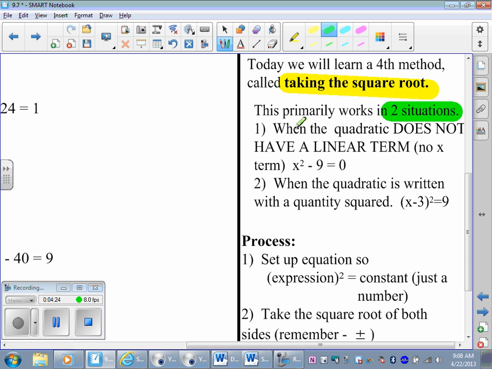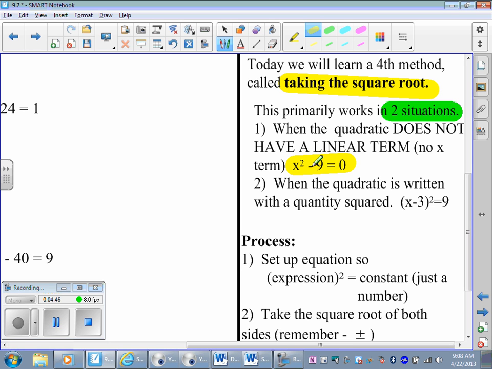One of them is when the quadratic does not have a linear term, meaning there's no x term. So if you look right here, x squared minus 9 equals 0. There's no x term. There's a quadratic term, there's a constant, but there's no linear term. When you have an equation that looks like that, this method is going to work really well.